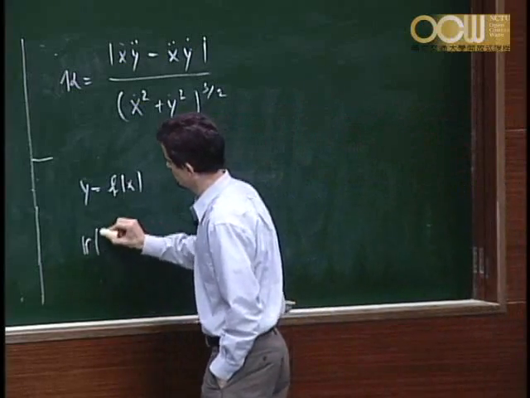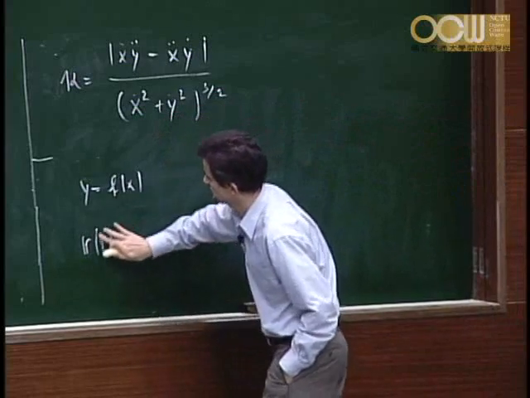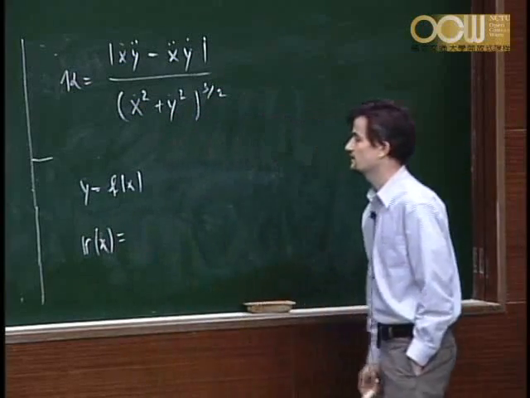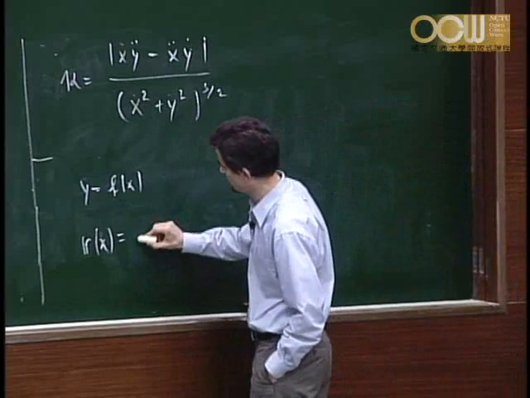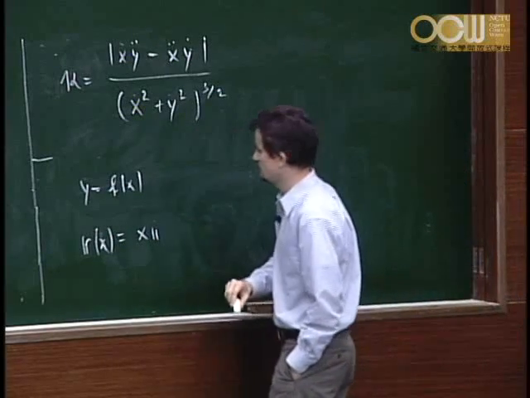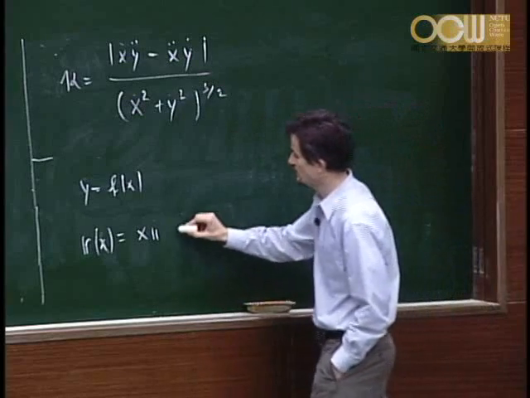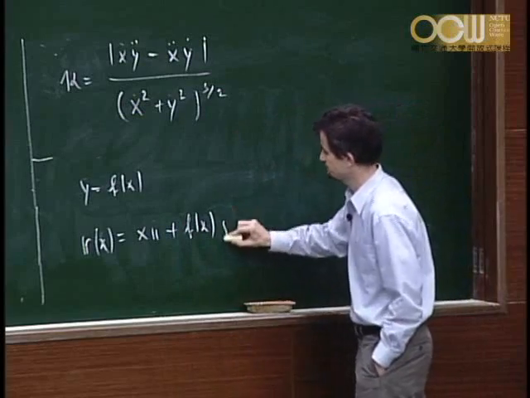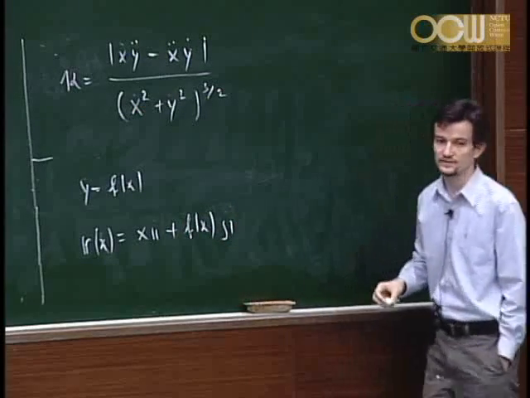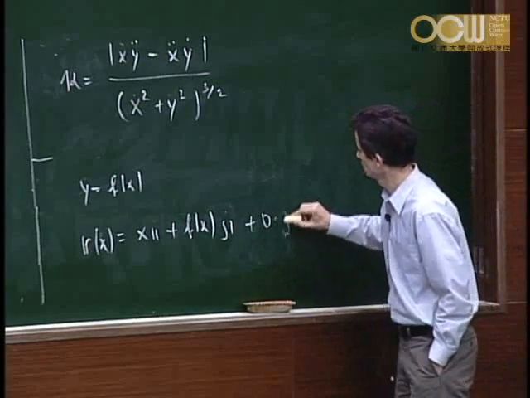So in space, let's say the parameter is x. So I have x in the x direction, f of x in the y direction, and 0 in the k direction.